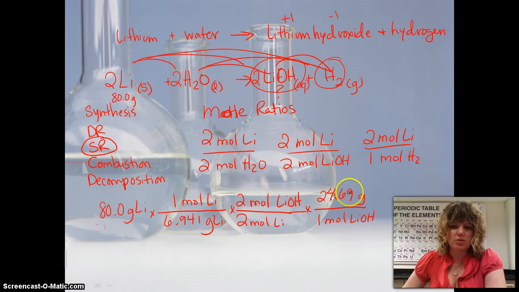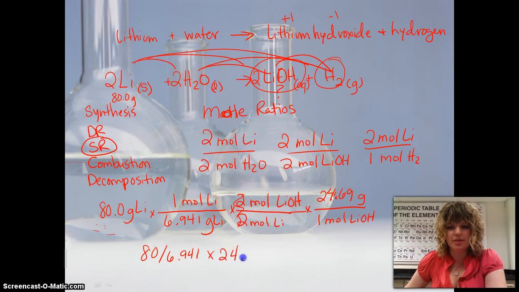And somewhere close, don't quote me on that. Now all we'd have to do is take the 80 divided by 6.941. These cancel out, and then we'd multiply that answer by the molar mass of lithium hydroxide, 24.69.